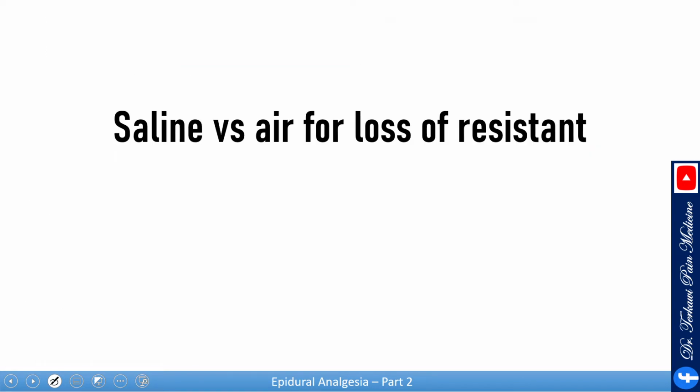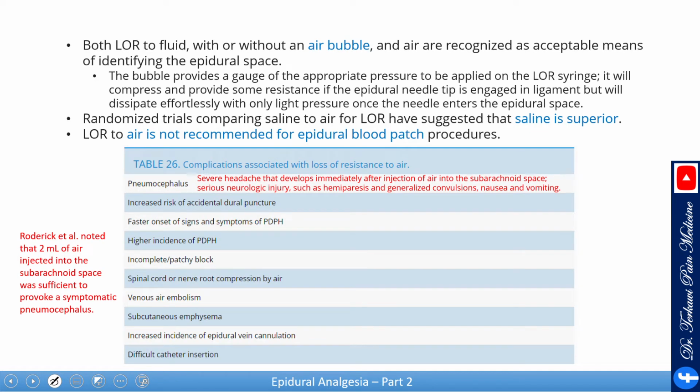Now, should we use saline or air? Both loss of resistance to fluid, with or without an air bubble, and to air are recognized as acceptable techniques of identifying the epidural space. However, the bubble provides a gauge of the appropriate pressure to be applied on the LOR syringe.